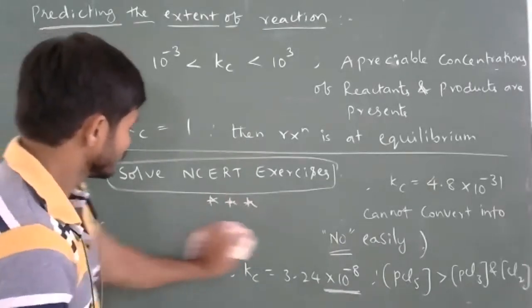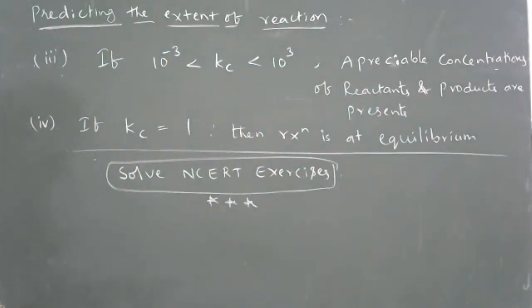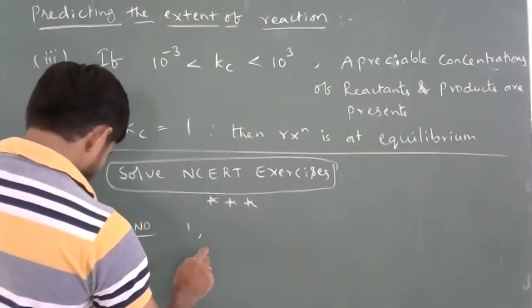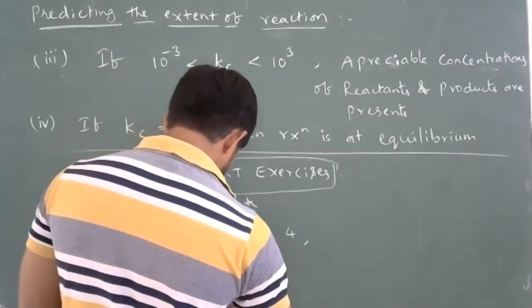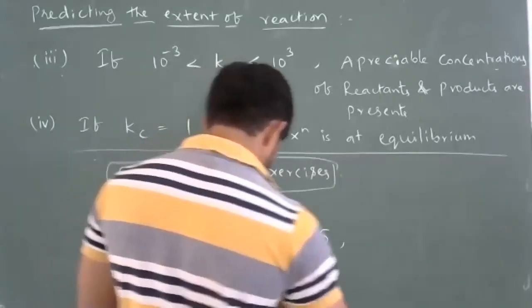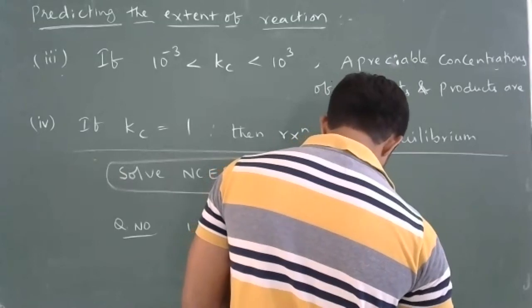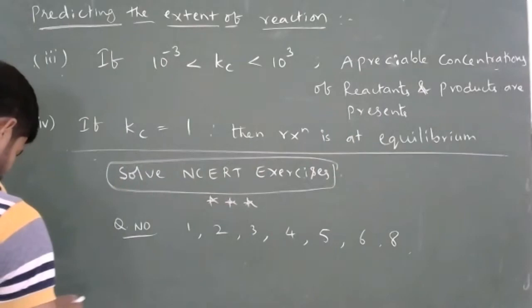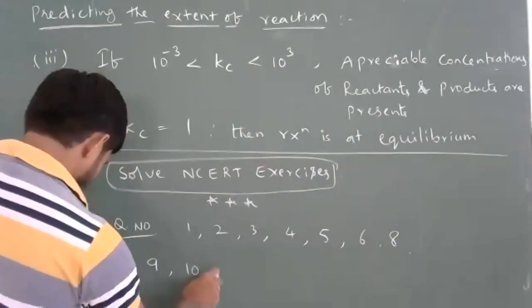I'll tell you the question numbers. For the NCERT exercise, you can write question numbers 1, 2, 3, 4, 5, 6, 8, 9, 10.